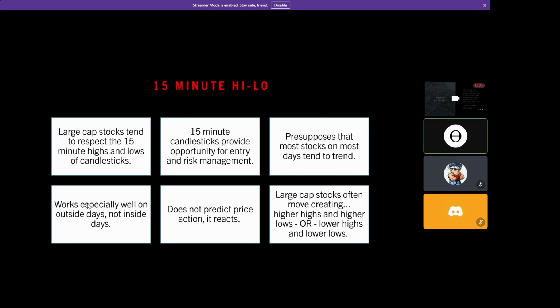Well, when it has traded outside of yesterday's range, that's when we start to get trending behavior, and this is especially when 15-minute high-low analysis tends to be true. It should be noted that the 15-minute high-low perspective doesn't try to predict price action. It's actually reacting to price action, because you're not anticipating an event. You're simply trying to establish when some high or some low has been made.